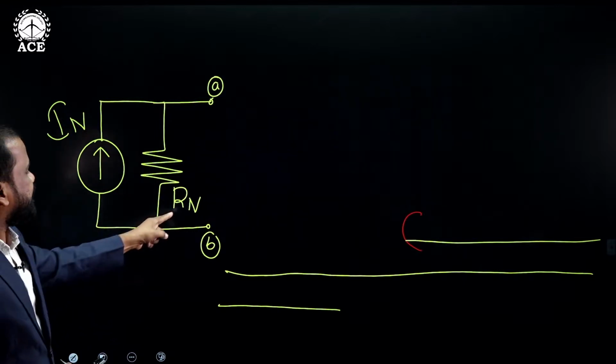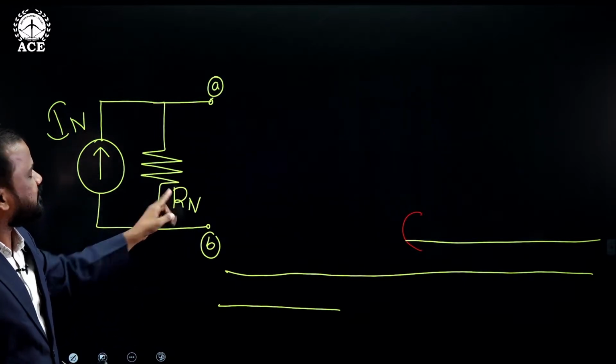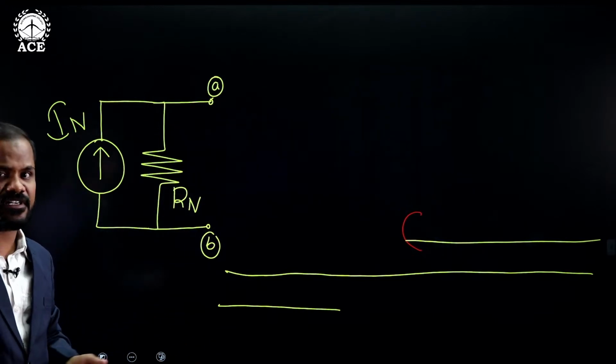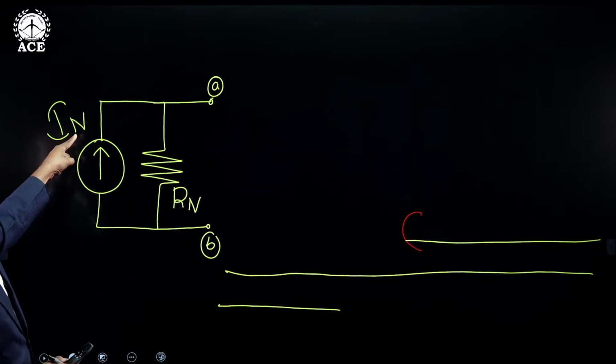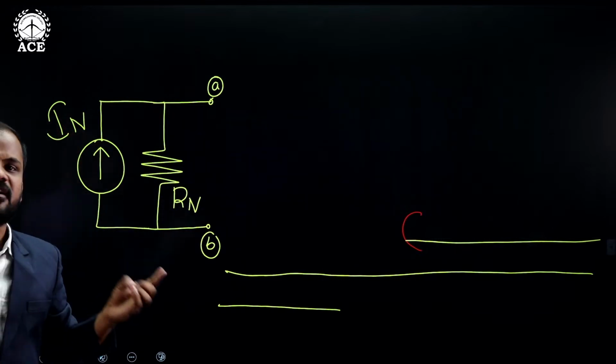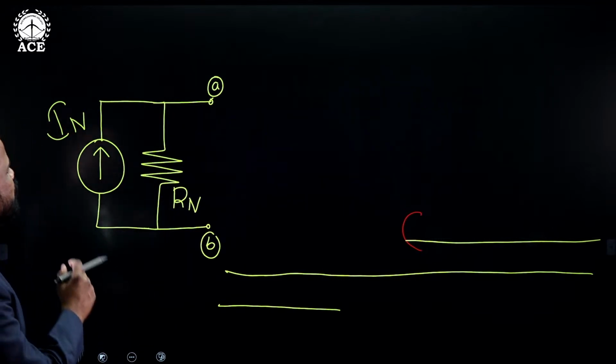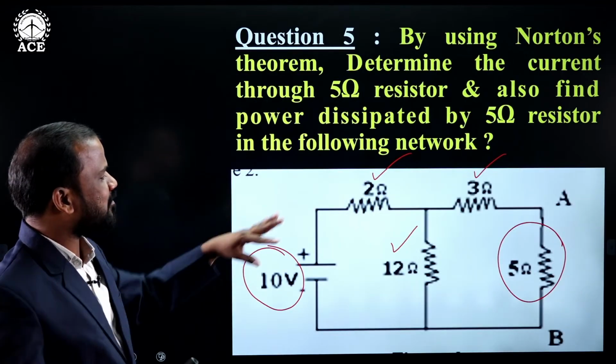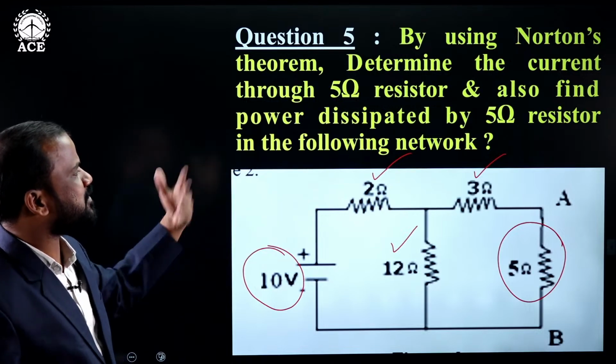Getting the value of Norton resistance is the same as the Thevenin resistance which we calculated in Thevenin's theorem. But for the calculation of Norton's current, the procedure is completely different. Now we need to find the response, that is the power dissipated by the 5 ohm resistance in the given network.